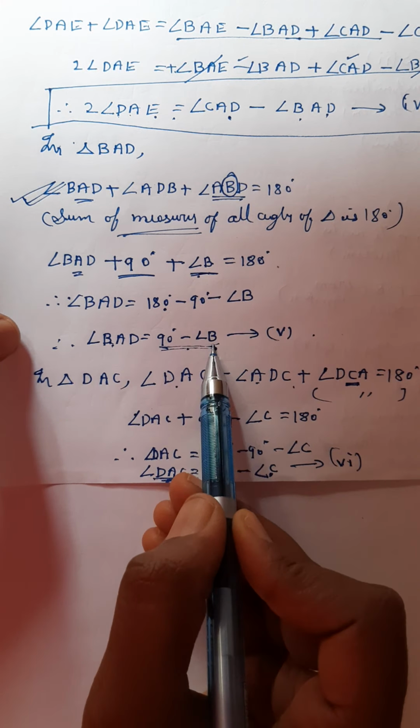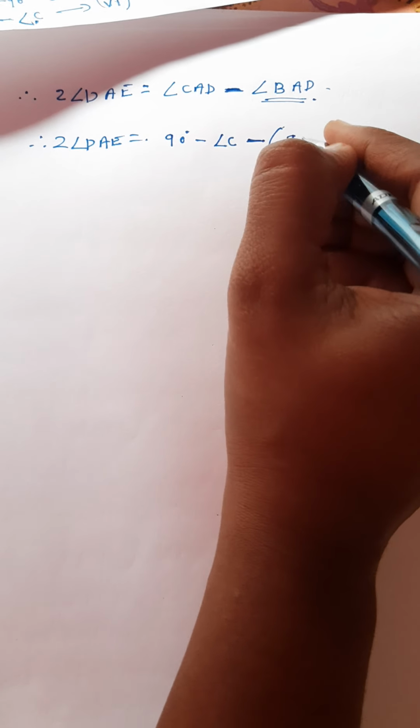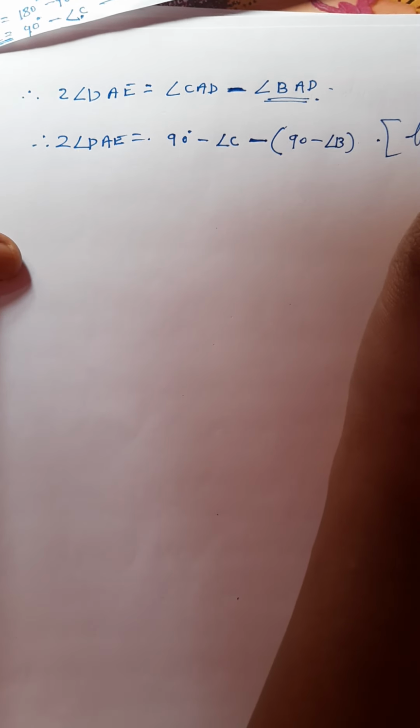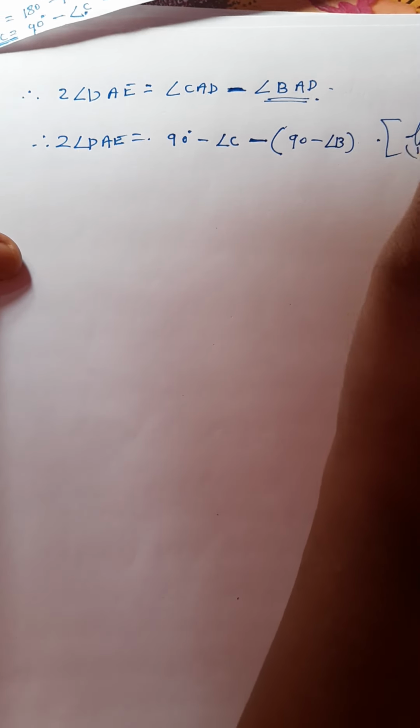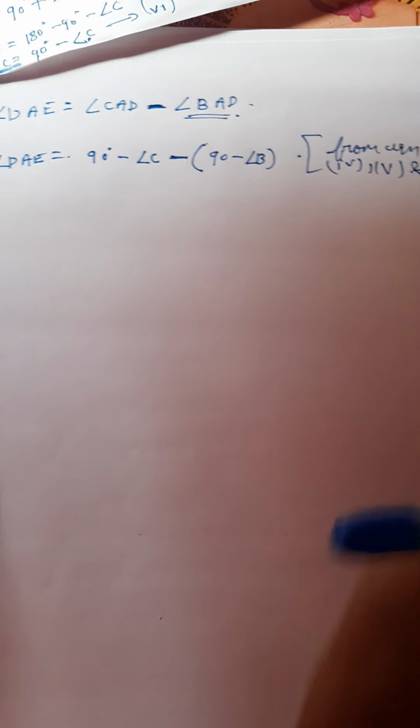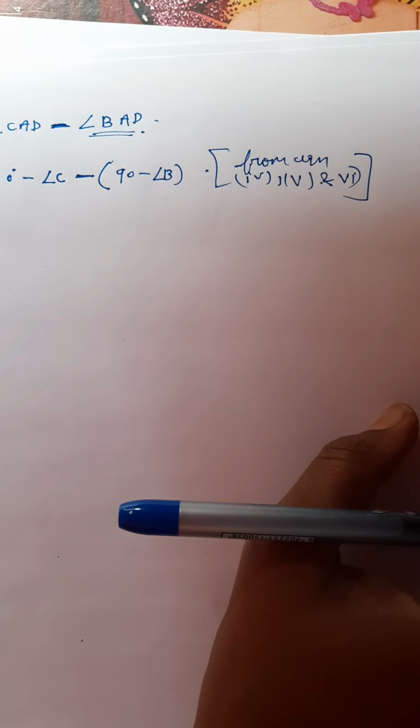Angle BAD is equal to 90 minus B degree, 90 minus angle B, whatever, from equation 4, 5 and 6. Reason we will write. Reason is important.